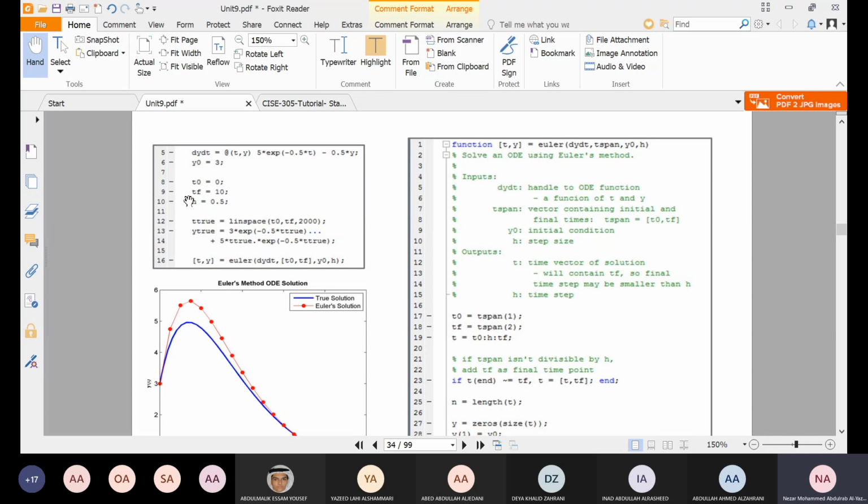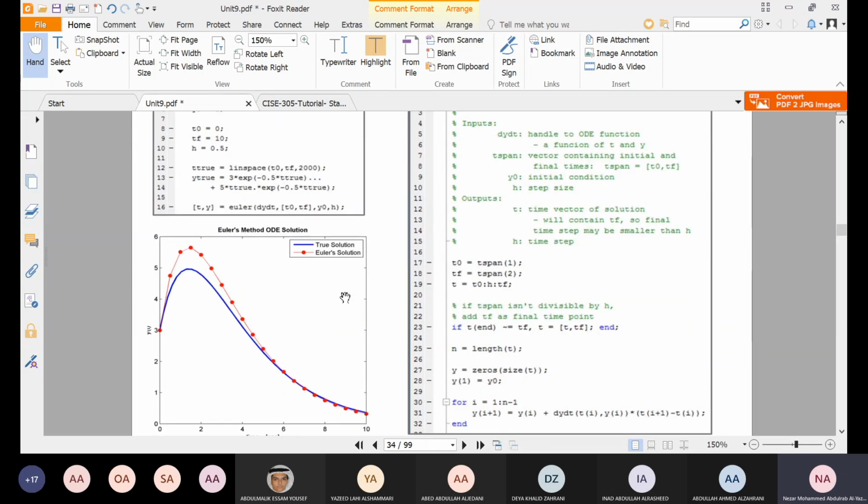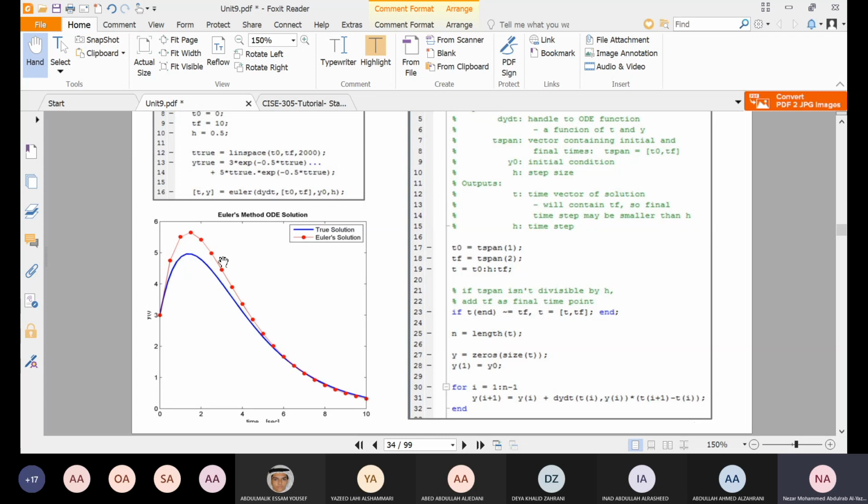t0 starts from 0, and this is the interval that we have, t0 is 0 and tf is 10. The step size is 0.5. You can do it the same way, but with a different step size. After that, we apply this function to solve and plot it. This is the solution here, the approximation that we have.